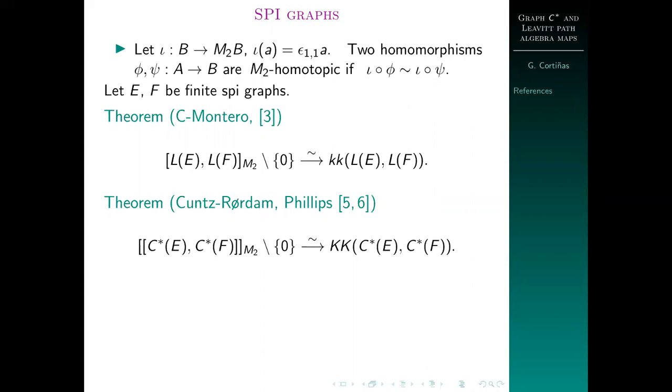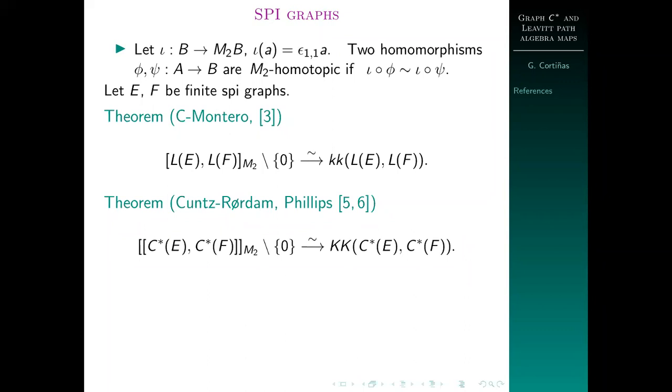That says that big KK of C star E, C star F is isomorphic to the M2 homotopy classes with zero removed of maps between C star E and C star F. Here I write double bracket for homotopy classes of star homomorphisms. In the literature, and in particular in Phillips' paper, these double brackets are used for asymptotic homomorphisms, but here I mean actual homomorphisms of C star algebras.